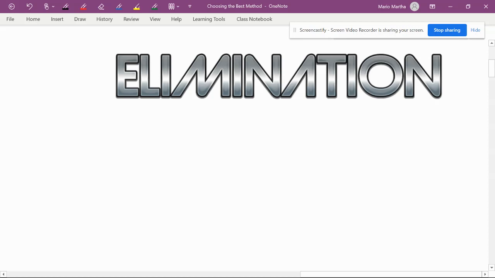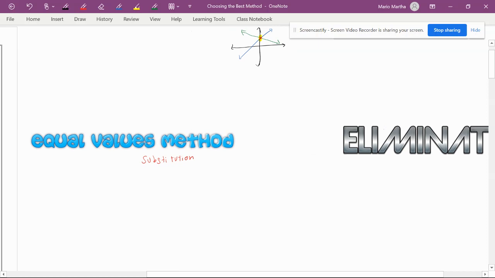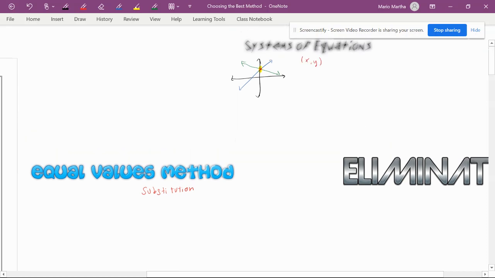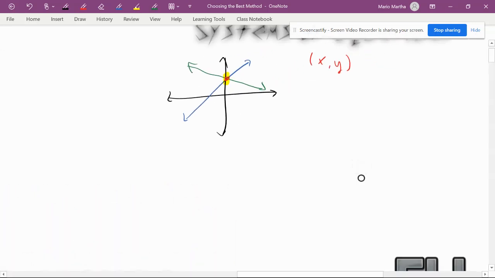So the first question you always want to ask yourselves is, in which form is my linear function? If you remember, there are two types of forms when we graph. The first form, the most basic one, is y equals mx plus b, which is also known as slope intercept form.